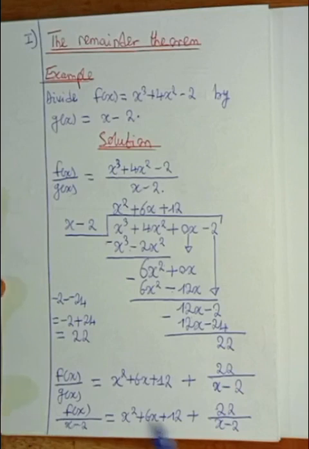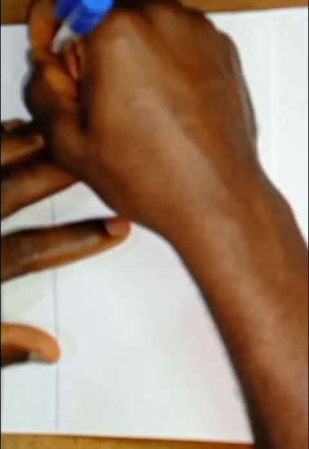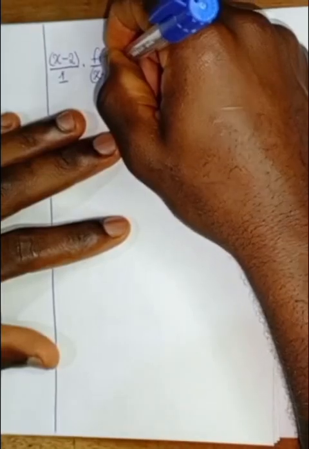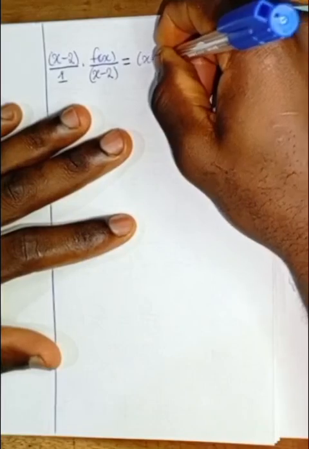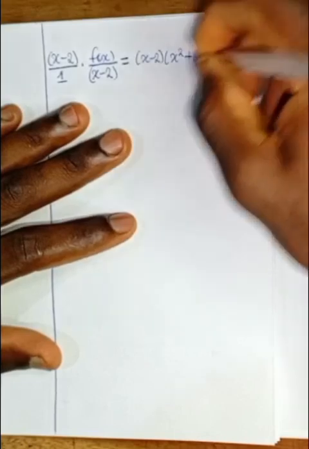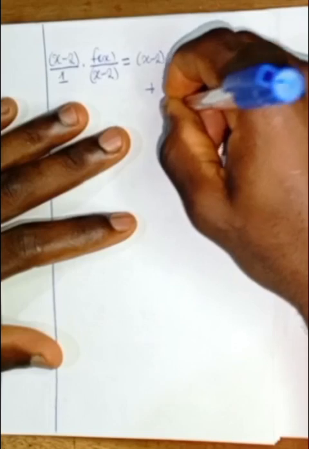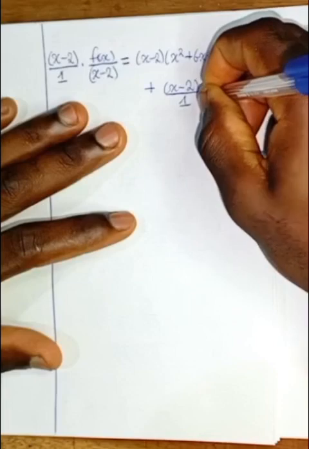The next step, we are going to multiply all through by x minus 2. Multiplying all through by x minus 2, this will give us x minus 2 all over 1 times f of x over x minus 2, the same as x minus 2 times x squared plus 6x plus 12, plus x minus 2 all over 1 times 22 over x minus 2.